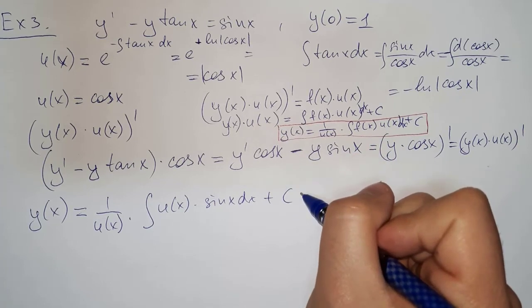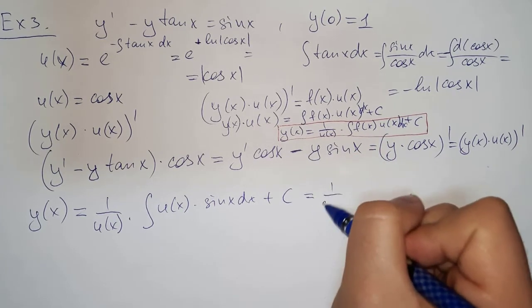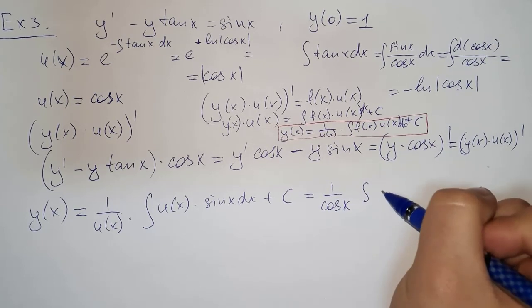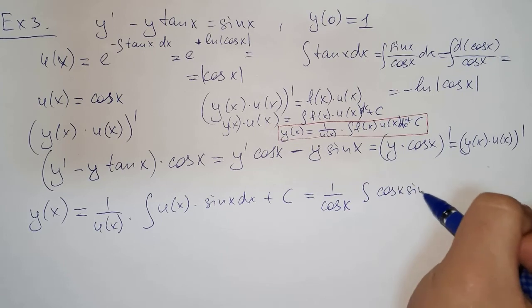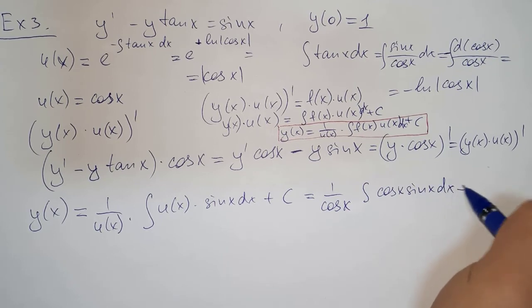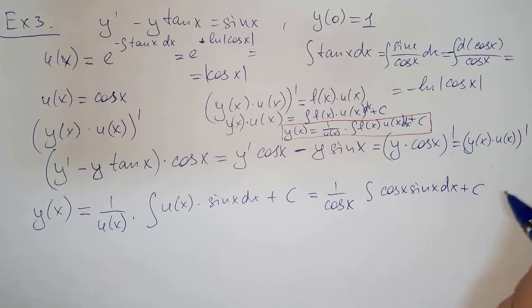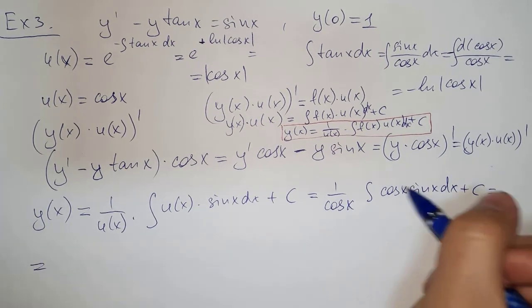Now it will be 1 over cosine x times the integral of cosine x sine x dx plus c. If we continue, cosine x sine x is sine 2x over 2.